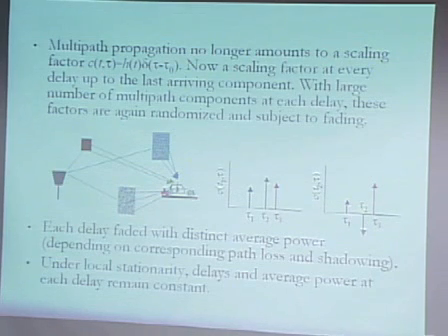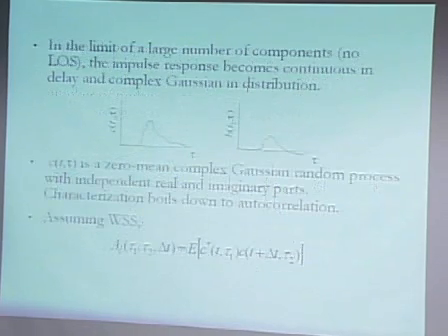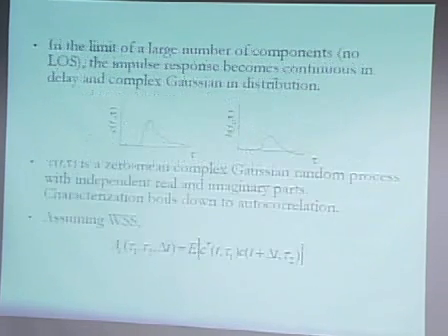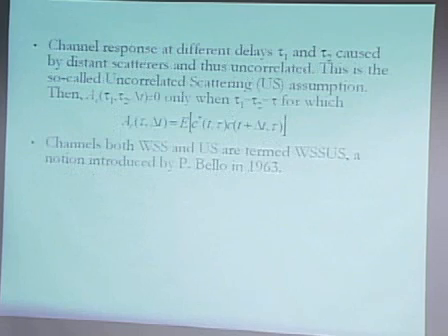So typically, reflections that correspond to distinct delays are going to be different objects, and so their statistical properties are going to be independent. That's all we're saying, and as a result, the correlation is going to be 0. So that's the US assumption.